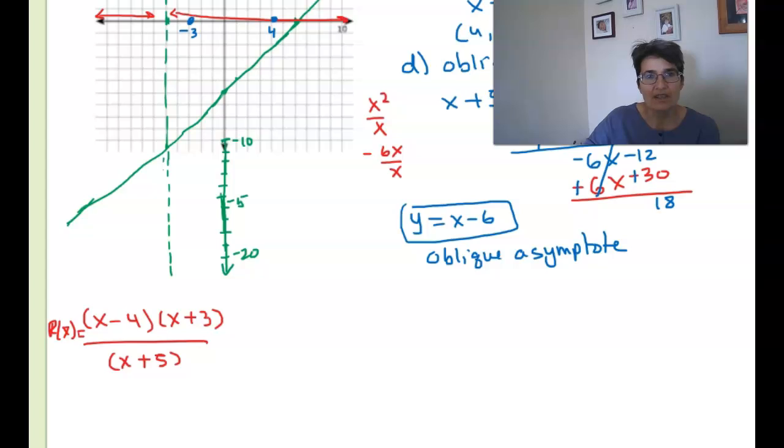Alright, so let's pick some values in this region. So maybe at -6 and -10. So r at -6 is (-10)(-3) over -1. So it's positive 30 over this is a -30. Okay, so we're like really down here. Alright, it's like way off the chart.